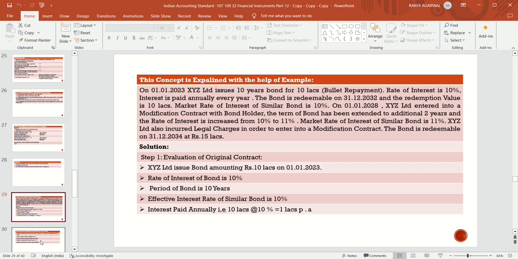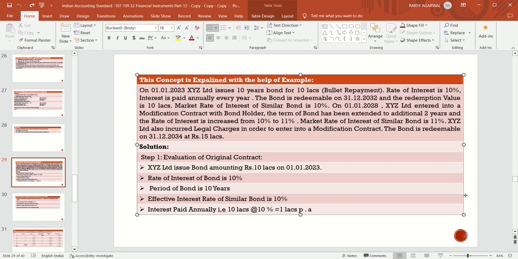The bond is redeemable on 31st December 2034 at rupees 15 lakhs, a bullet repayment. The rate of interest when they entered into the original contract is 10%, the bond is redeemable on 31st December 2032, and the redemption value is 10 lakhs. The market rate of interest of a similar bond is 10%. These details are related to the original contract, but on 1st January 2028, XYZ Limited enters into a modified contract.